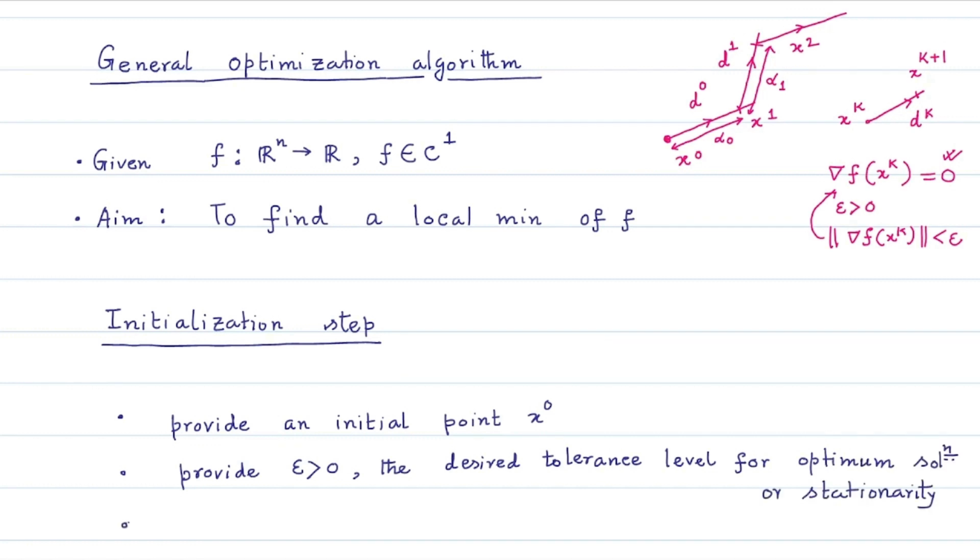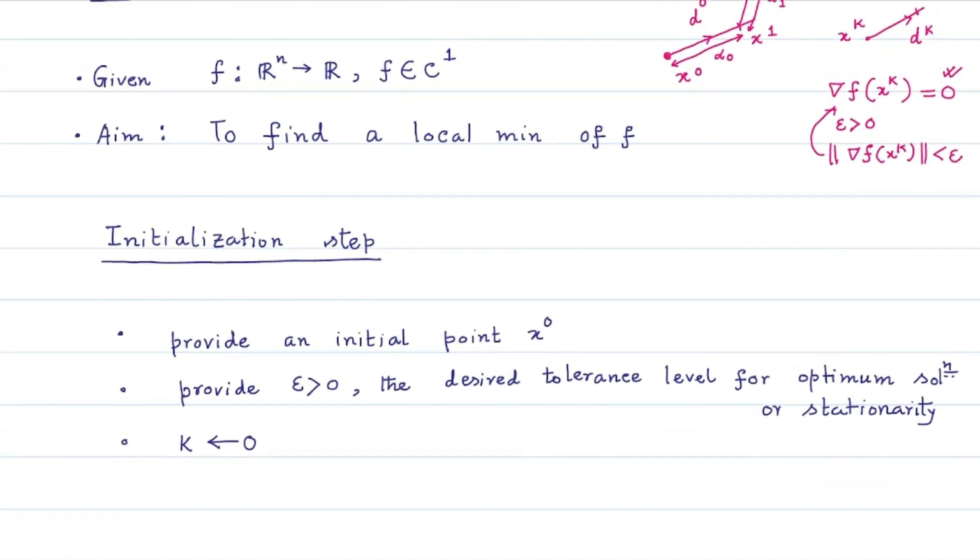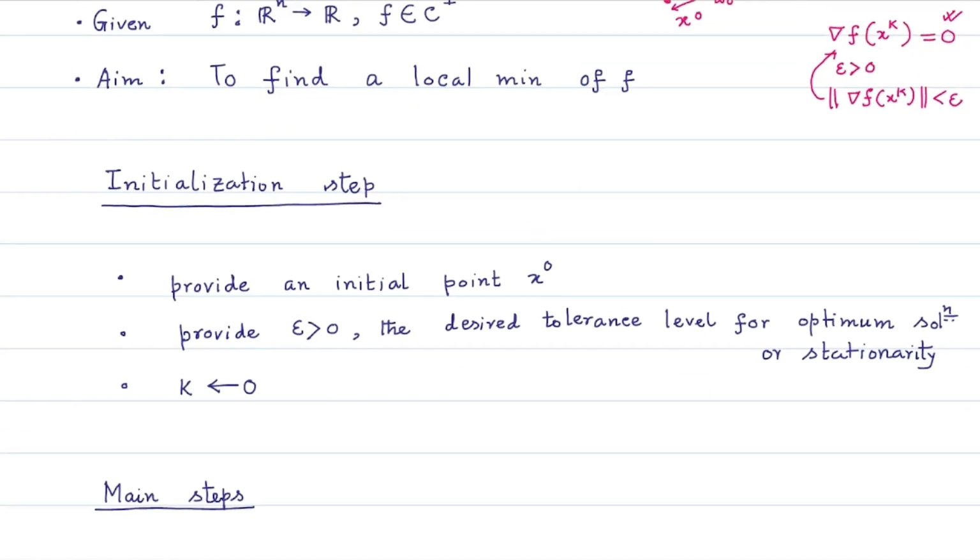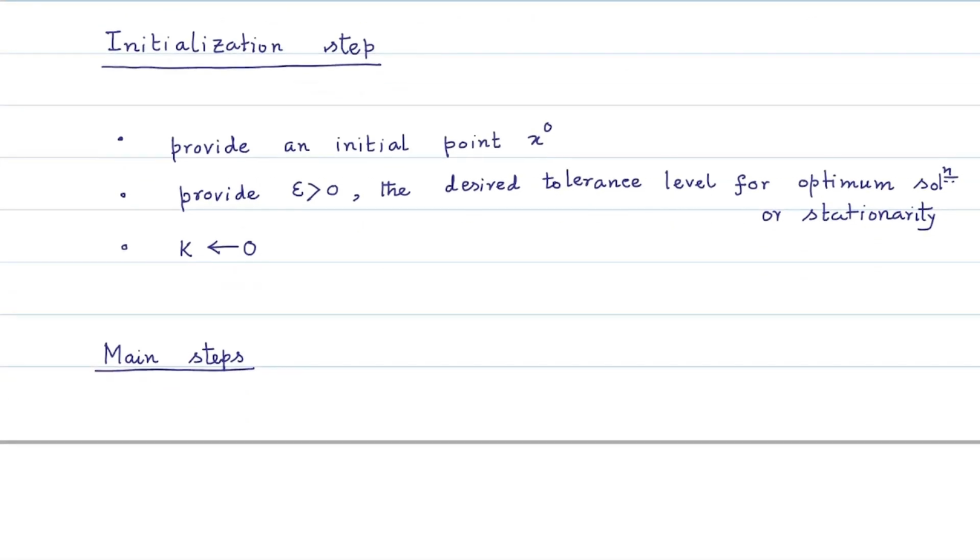Then we set our iteration counter k equal to 0, and move to the main steps: you check whether the current iterate xk is a stationary point, by checking whether the norm of the gradient of f at xk is less than epsilon or not.